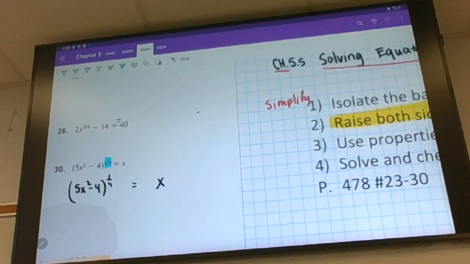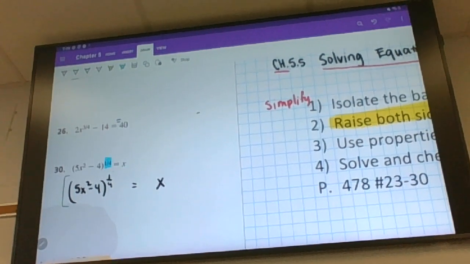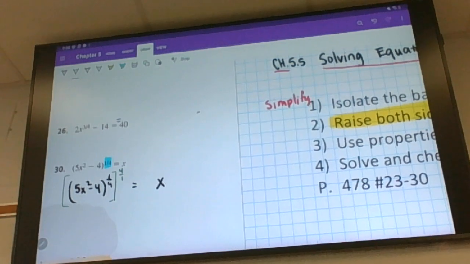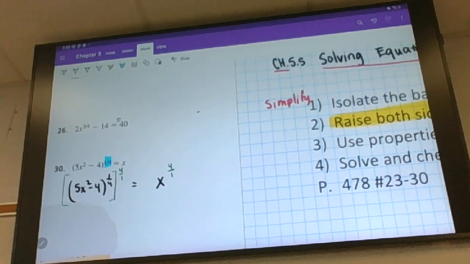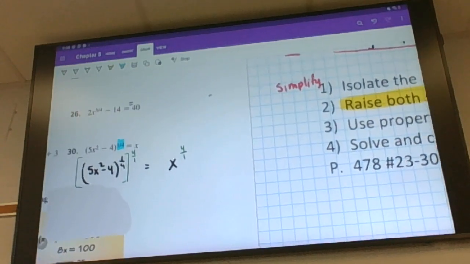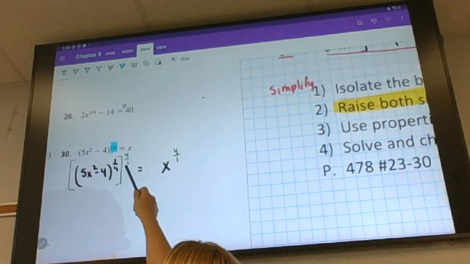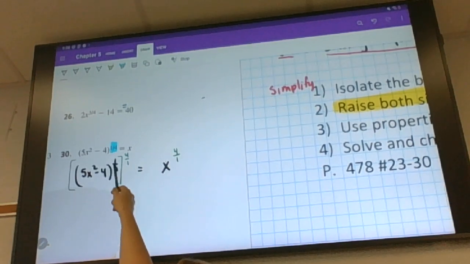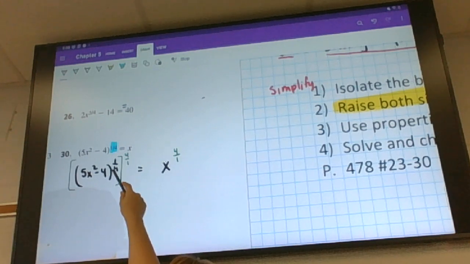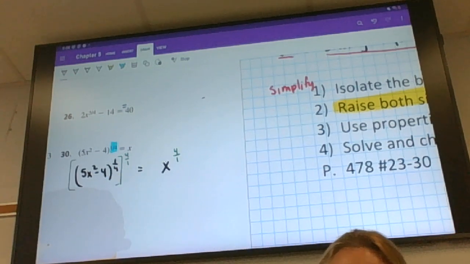So what I'm gonna do is raise this side to 4/1 and this side to 4/1. And so 1/4 times 4/1 is 4/4 and cancels. That's a really effective way of canceling a fraction exponent using its reciprocal.